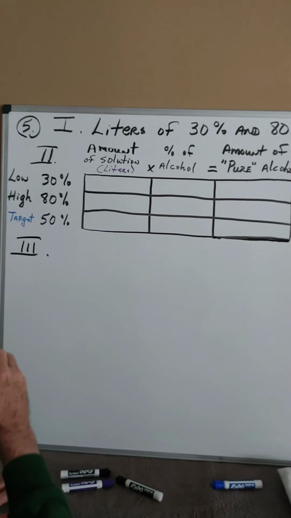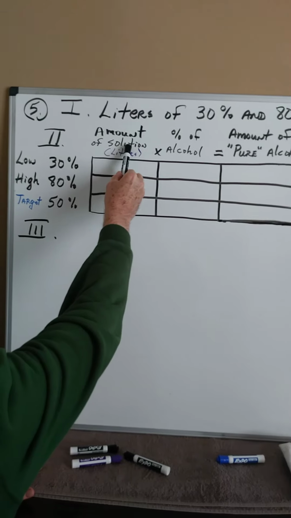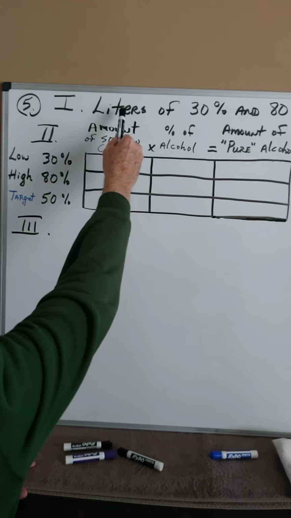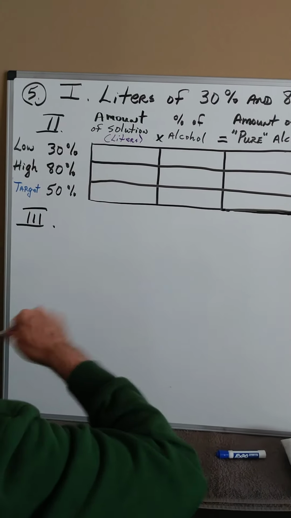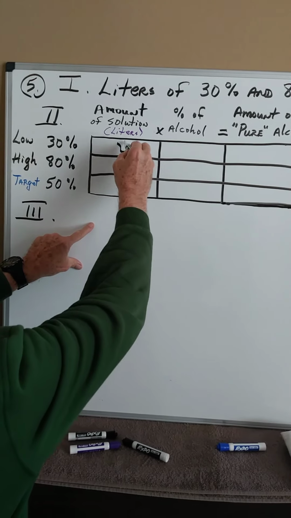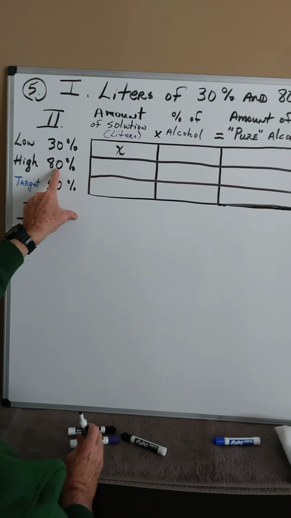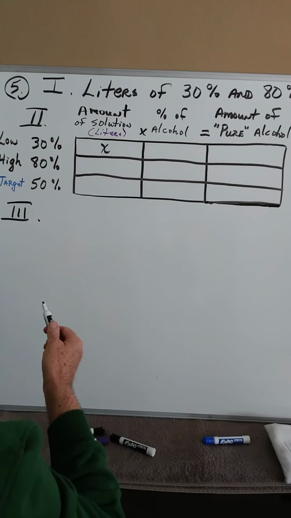Now let's fill in the boxes. The amount of solution of the 30%, we don't know. That's in part our question. We'll let that be X. The amount of solution of the 80% that he's going to draw from, we don't know that either.